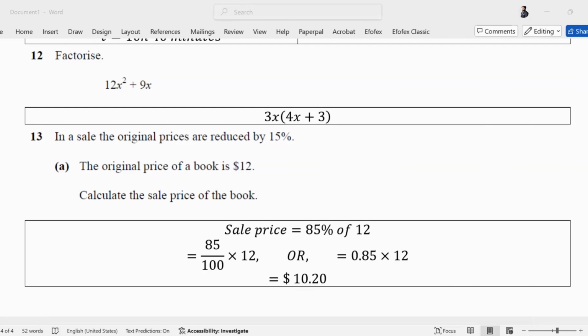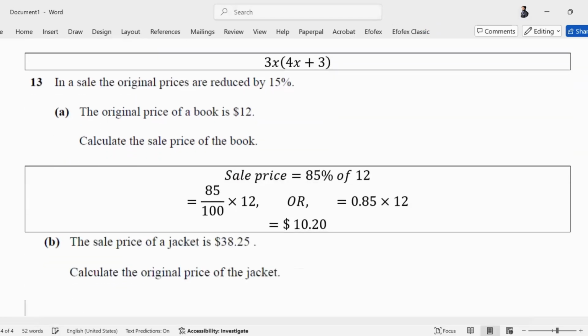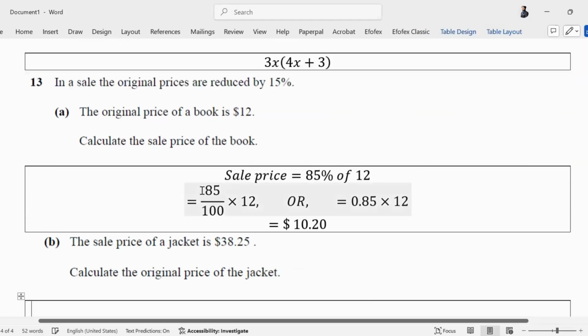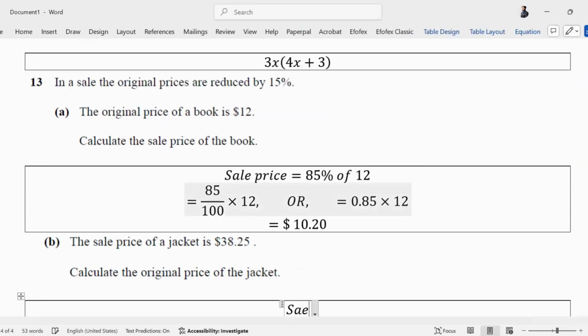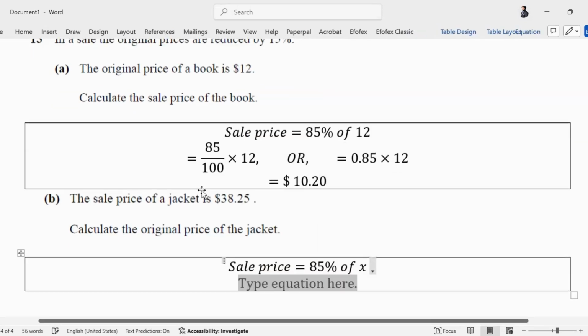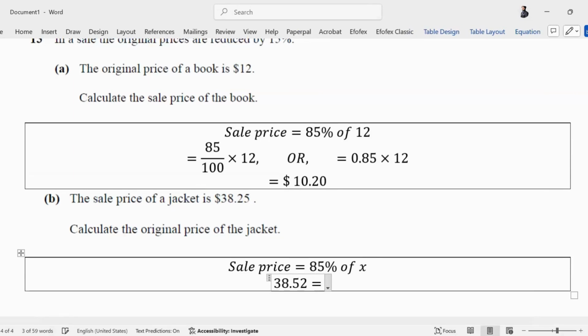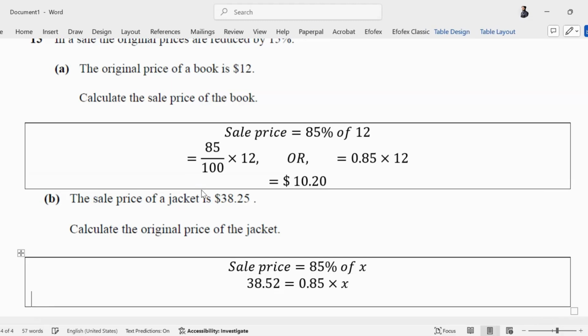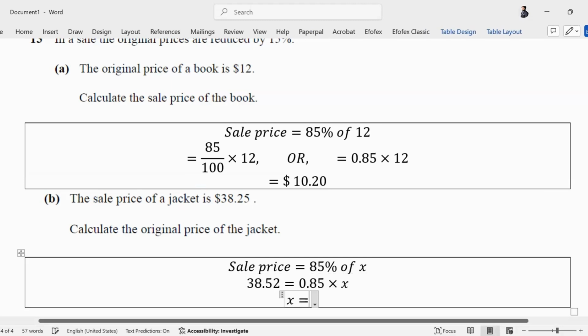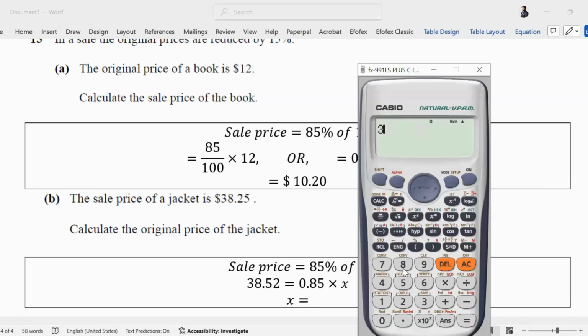The sale price of a jacket is 38.25. That is the sale price of a jacket. Now I know the sale price. Again, sale price will be 85% of X. I do not know the original price. 38.25 is the sale price. 0.85 of X. Now 0.85 goes on the other side and it will divide 38.25.